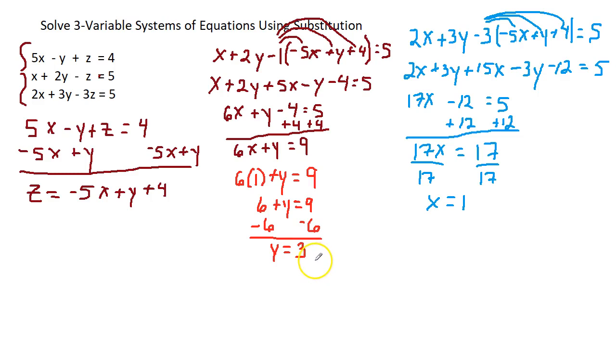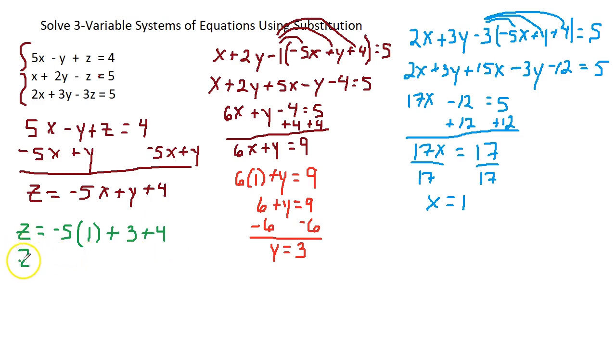Now I know both y and x. I can substitute into this revised equation here to find z. So I'm going to say z equals negative 5 times x is 1 plus, in place of y, I substitute 3 plus 4.